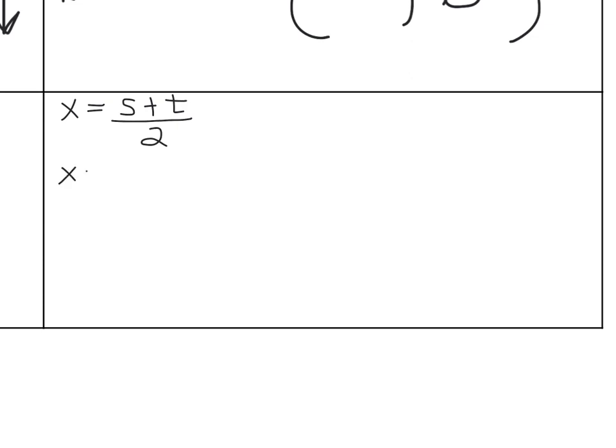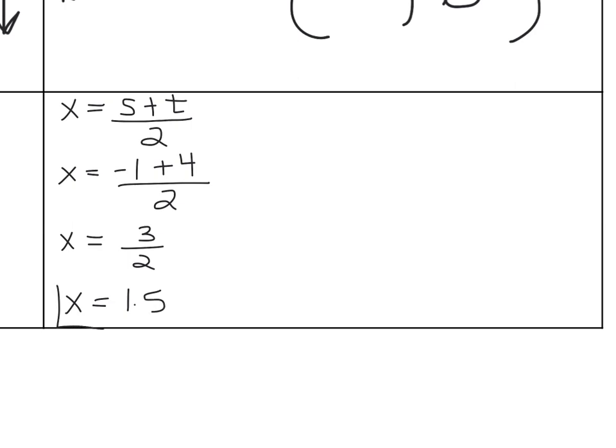So the numbers that we just calculated, I can plug into the formula in the positions of s and t. -1 plus 4 is 3, divided by 2 is 1.5. So the x value of my vertex, half of my vertex, is located at x equals 1.5.